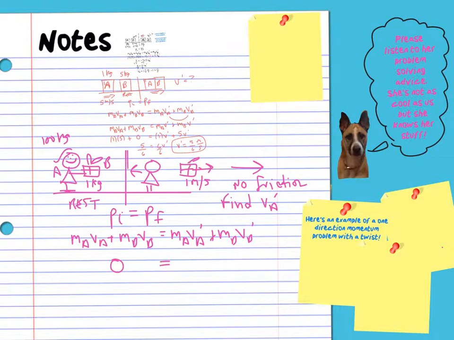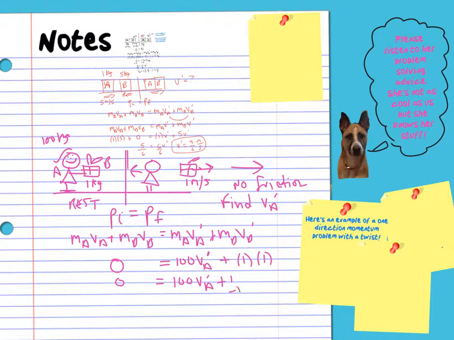So 0 equals, so the girl was 100 kilograms, and we do not know how fast she's going. And the present is only 1 kilogram, and it is going only 1 meter per second. All right, so we have 0 equals 100 VA prime plus 1.